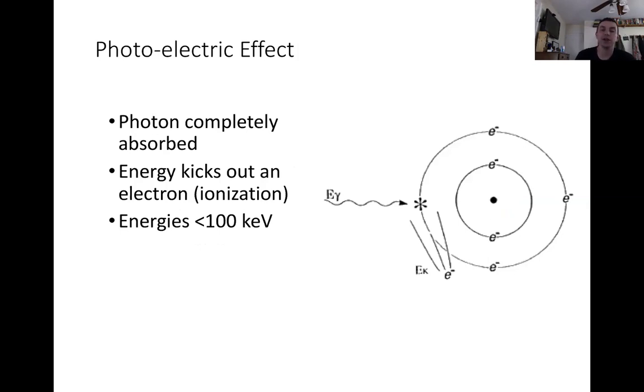This is common at low energies, and the higher the atomic number of the matter, the higher the energy at which this is possible. So something like lead has photoelectric effect occurring up to energies of 100 keV or beyond, whereas materials with lower atomic number will have lower energy thresholds for photoelectric effect.